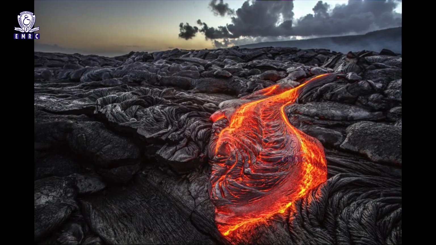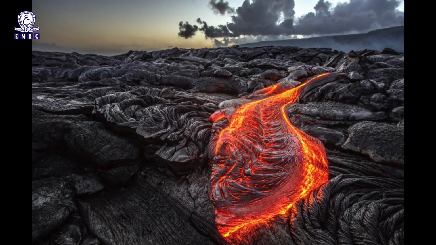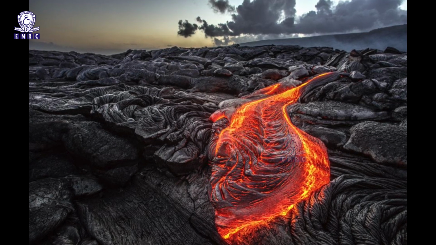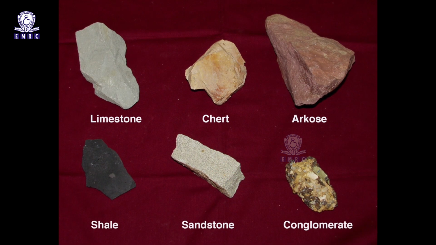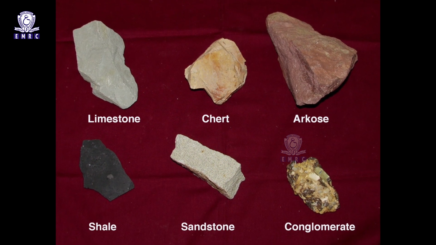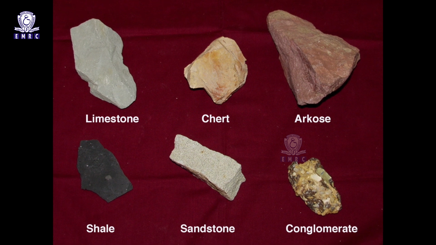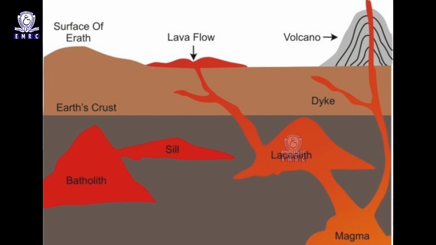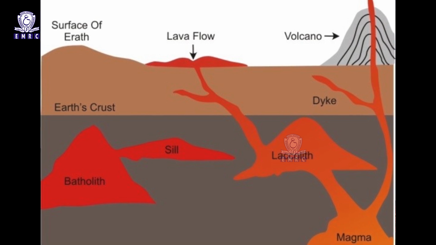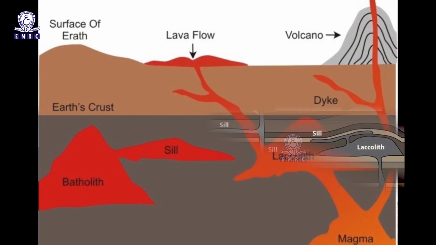Many times the magma fails to reach the surface of the earth and cools and solidifies below the surface in the form of intrusions in the crevices, fissures, joints, bedding planes of sedimentary rocks, etc. Such volcanic deposits are called the intrusive form of volcanicity.